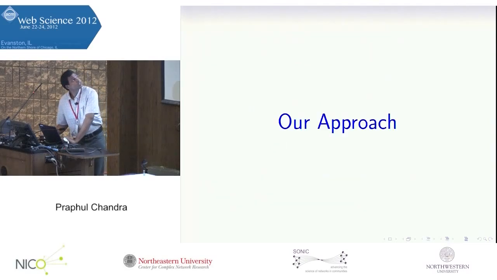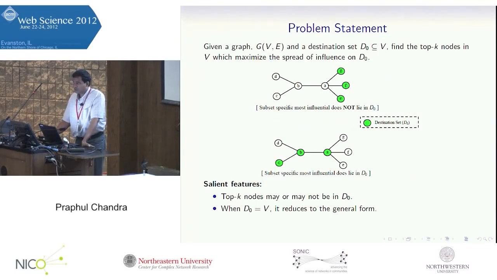So before I go to our approach, I'd like to state our problem statement more formally. Given a graph and what we call a destination set, which is the set of nodes to which you want to maximize the influence, the goal is to find the top k nodes which maximize the spread of influence to this destination set. And one interesting feature is that your set of influentials may or may not lie in your destination set itself.